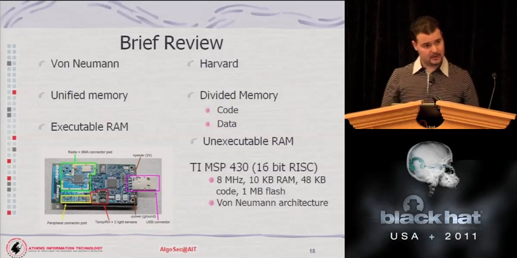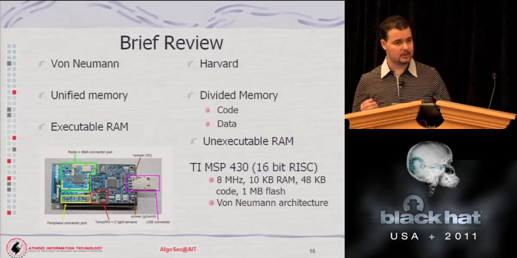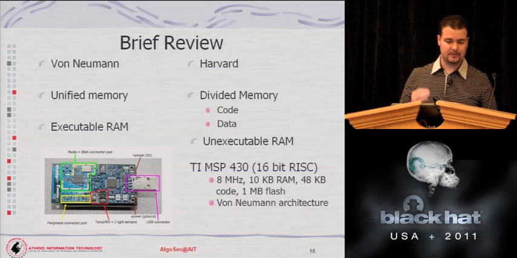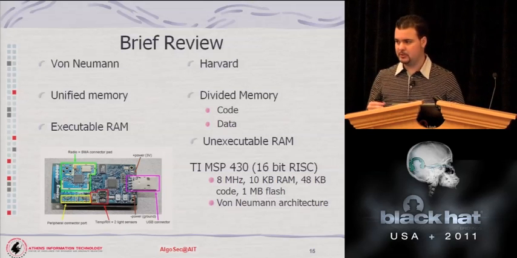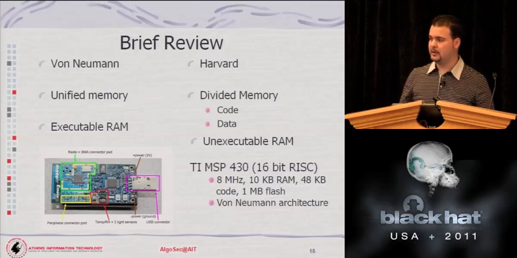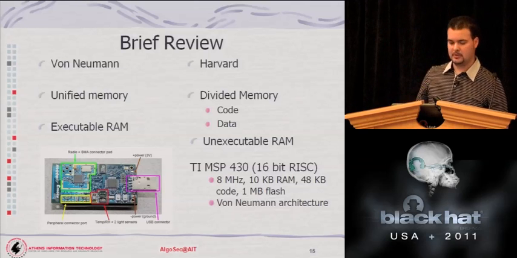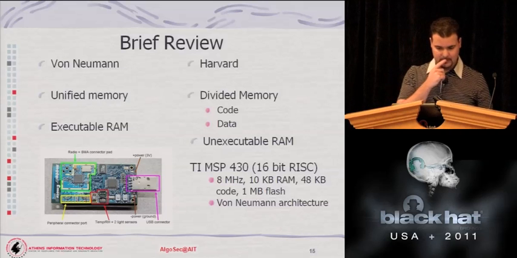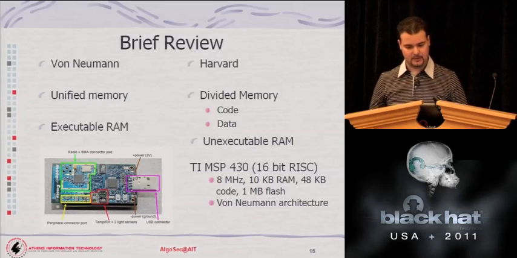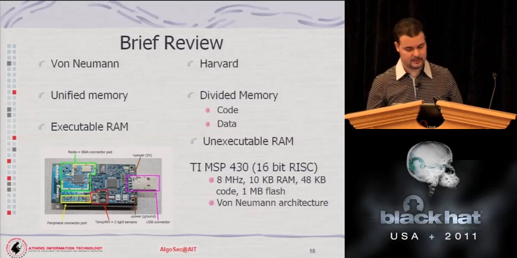In the von Neumann architecture, in contrast, the program counter can go anywhere. So if you store instructions in the data memory region of a sensor node, you can tell the program counter to go there and execute all your instructions. The Tmote Sky follows the von Neumann architecture, and as you can see, it has 10 kilobytes of RAM and 48 kilobytes of flash code memory.